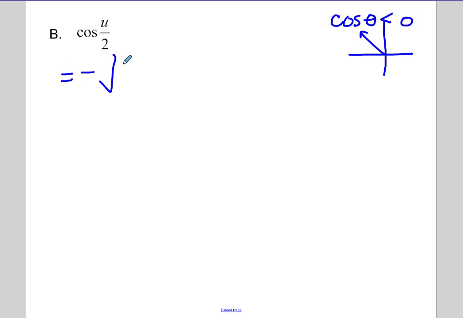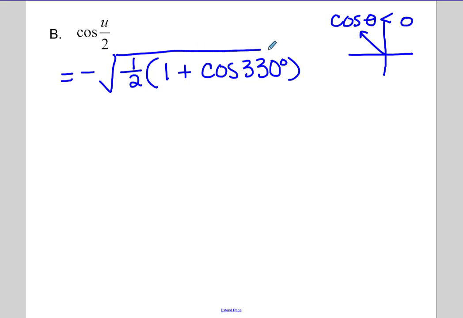And again, I'm going to rewrite my formula with the 1/2 instead of writing it as a fraction. And that formula had plus in the numerator, plus the cosine of 330. So in example A, we know that the cosine is square root of 3 over 2.